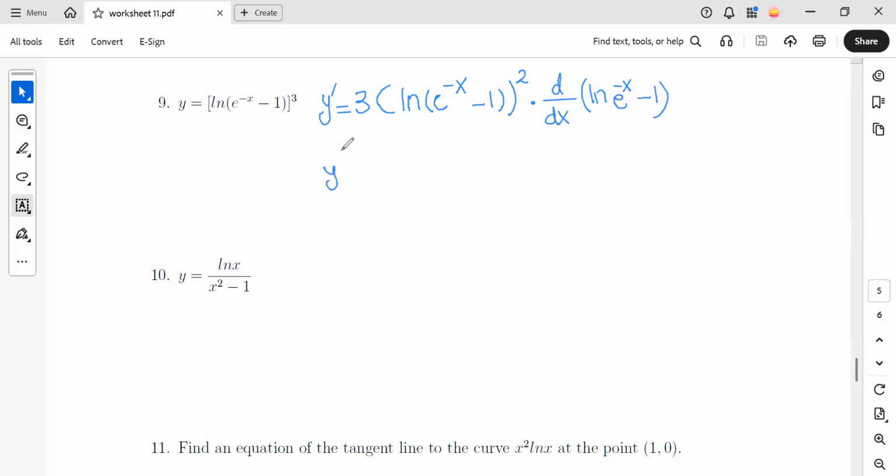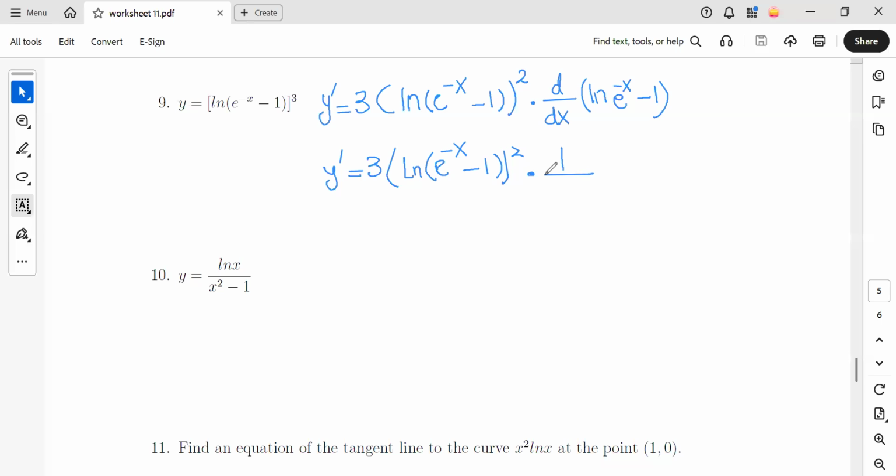So y prime will be 3 times ln of e to minus x minus 1 power 2, times the derivative of this one, which is a derivative of a ln.